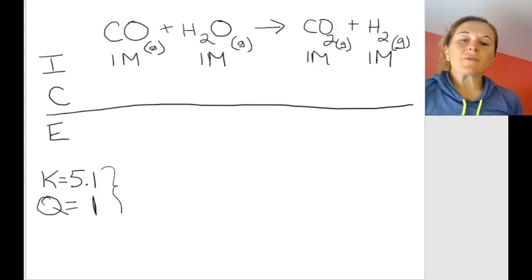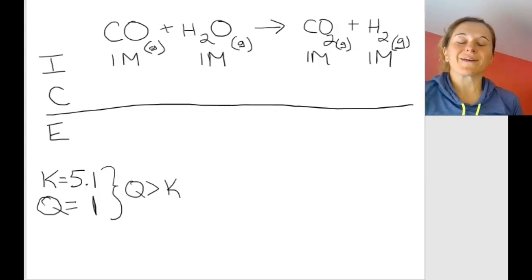So when we bring these together, we see that Q is greater than K, and that means that we are going to have a, I'm sorry, no, Q is not greater than K. I was just checking, making sure you're paying attention there. 1 is not greater than 5.